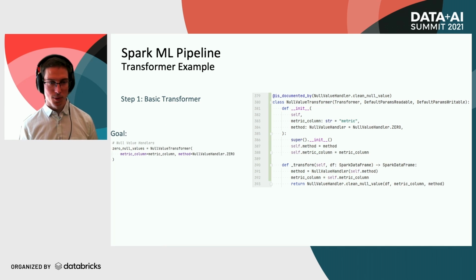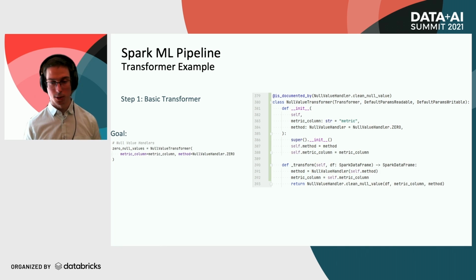So a basic transformer is very easy to create with Spark ML pipelines. We were super excited to use this. Very, very excited to see how quickly this came together. We can create this null value transformer. It instantiates from the transformer class. And from that, we just do a standard Python initialization. So we have the method that we're going to use and the metric column that we want this null value transformer to work on. And then critically, what we need to add is we need to implement the underscore transform method.